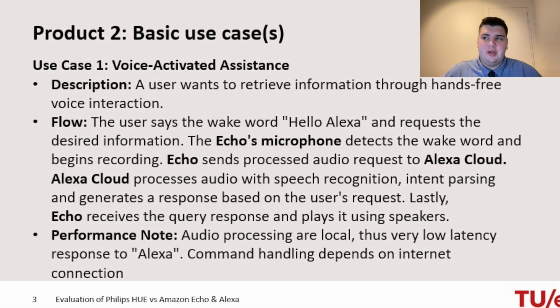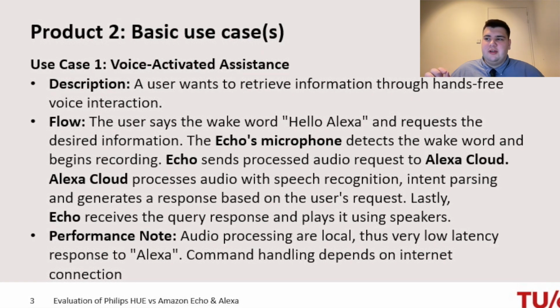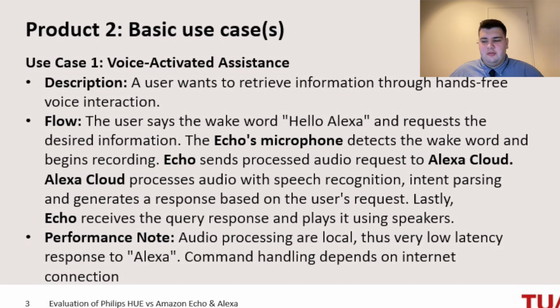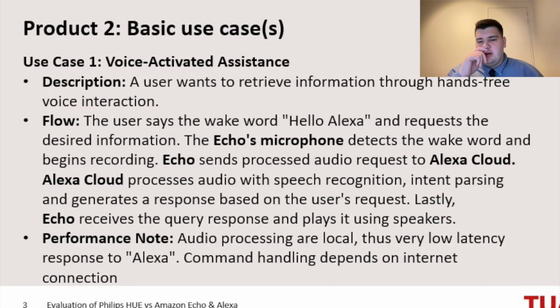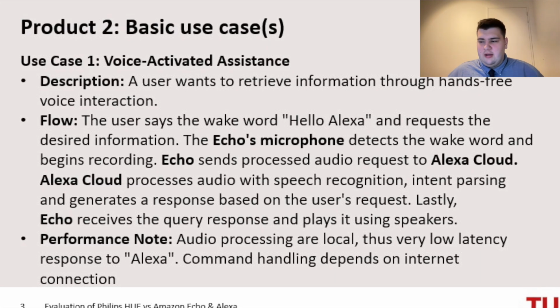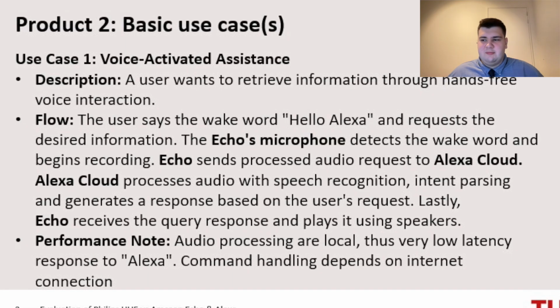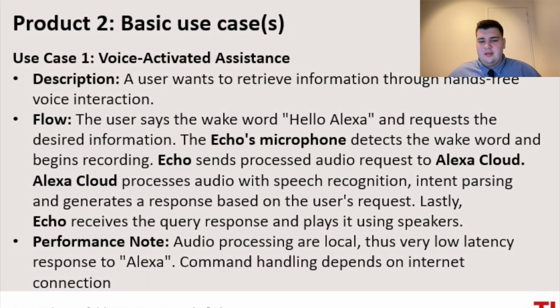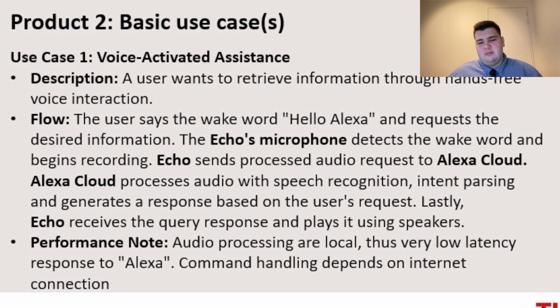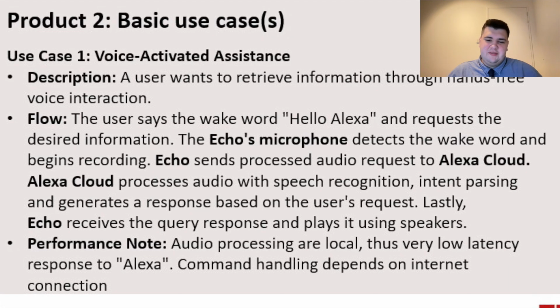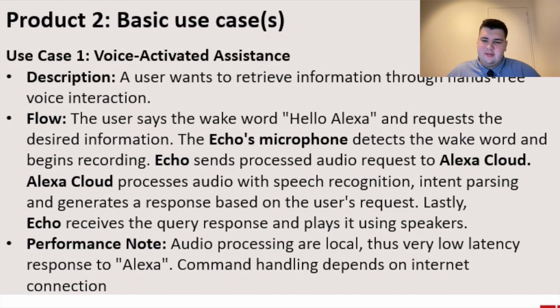After that, Echo records the question, applies noise reduction and other audio processing, which is local, and sends it to the cloud. The cloud then processes the audio with speech recognition and intent parsing, and generates a response to the question. After the Echo receives the answer, it plays it using the speakers.